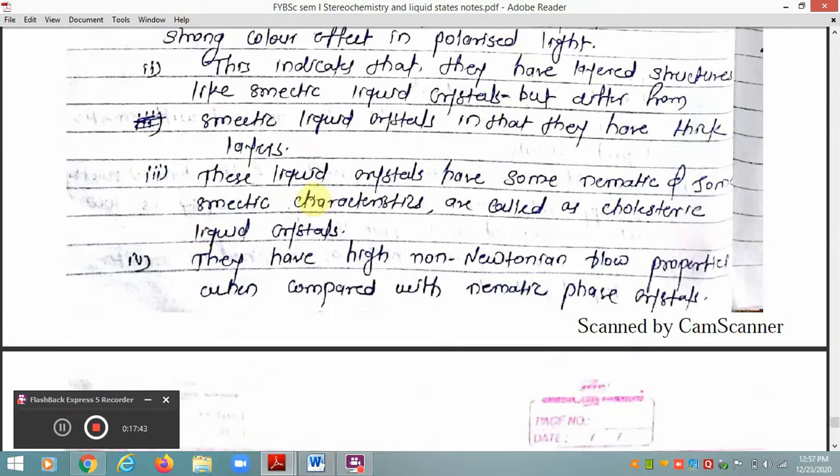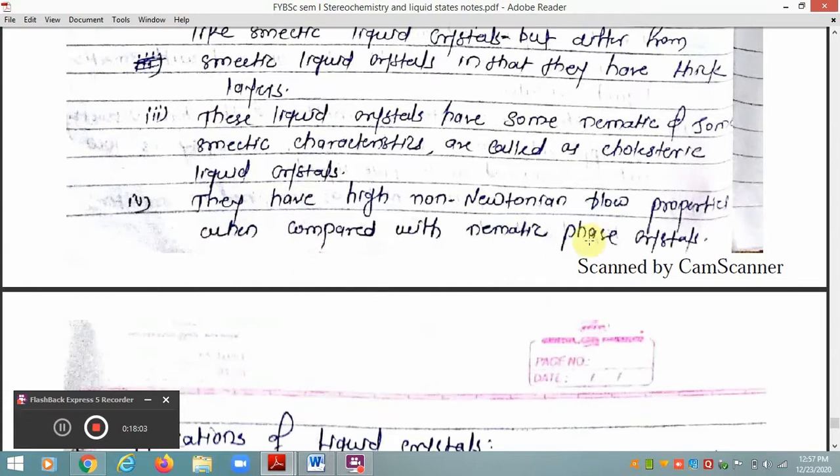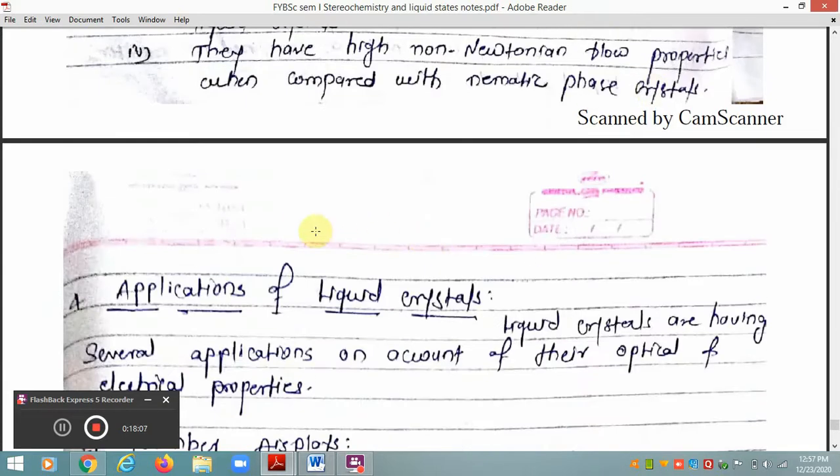These cholesteric liquid crystals have some nematic and some smectic characteristics, so they show the properties of both, and they have high non-Newtonian flow properties when compared with the nematic phase.